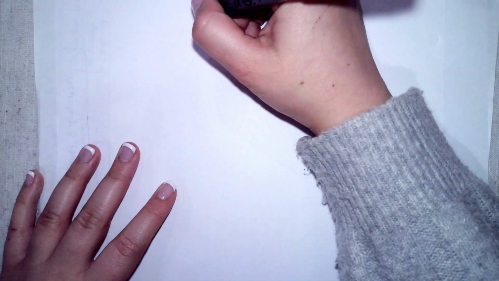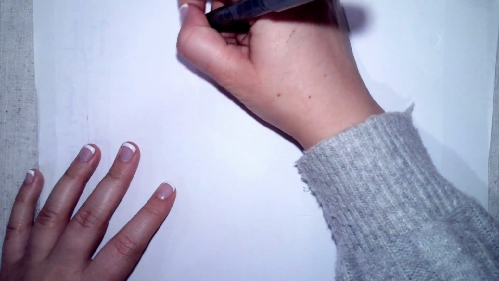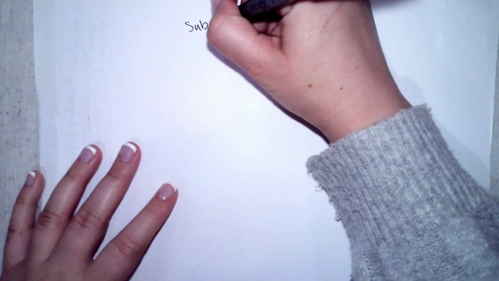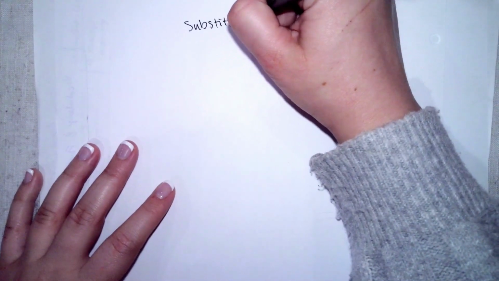And last but not least, we're going to do the last method, which is probably the hardest, but also my favorite. So we're going to do some substitution. Okay, cool.